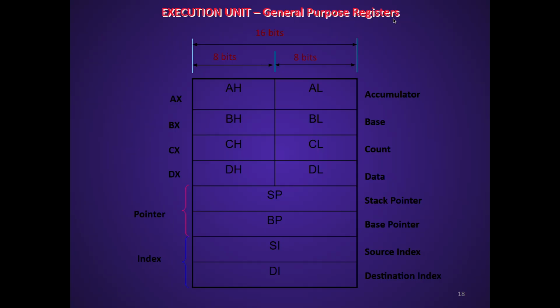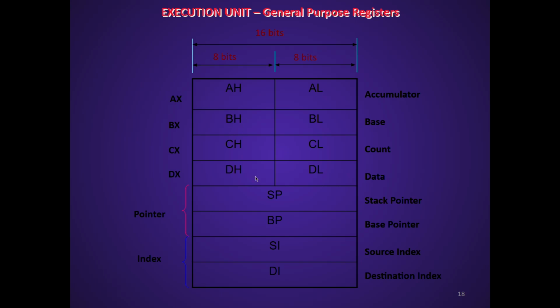Then we have the general purpose registers. As it is a 16-bit microprocessor, it is divided into 8 bytes: H is the high segment register, and L is the low segment register.